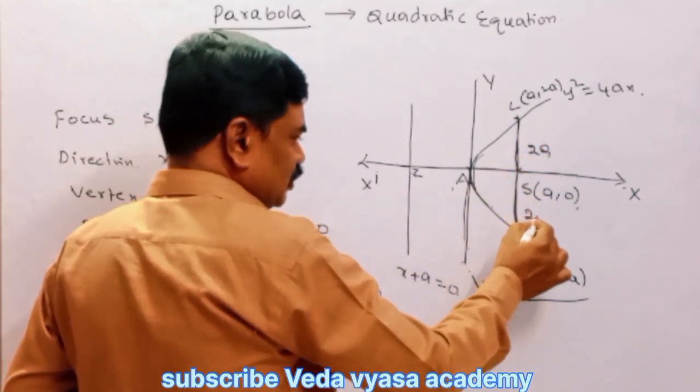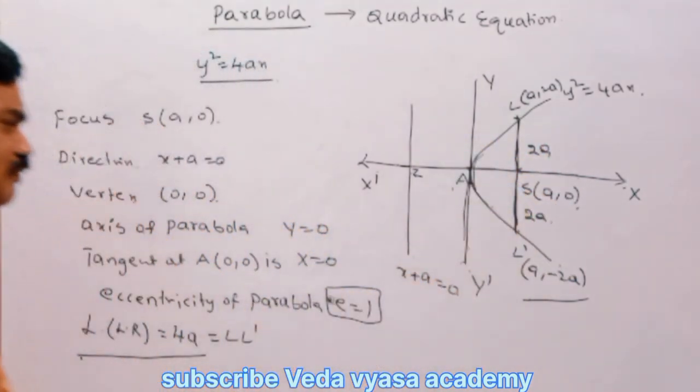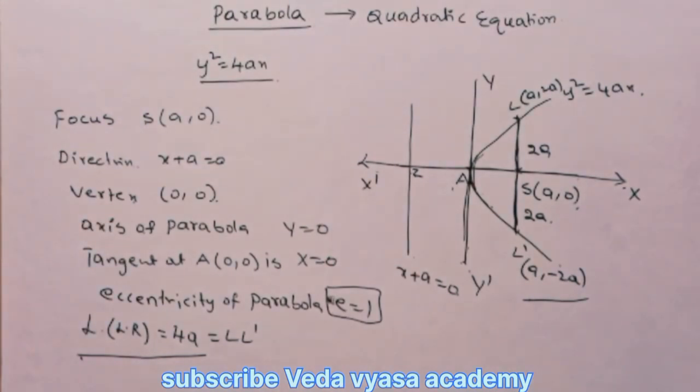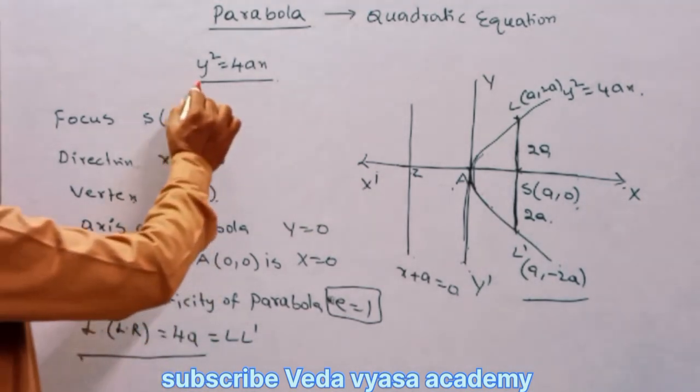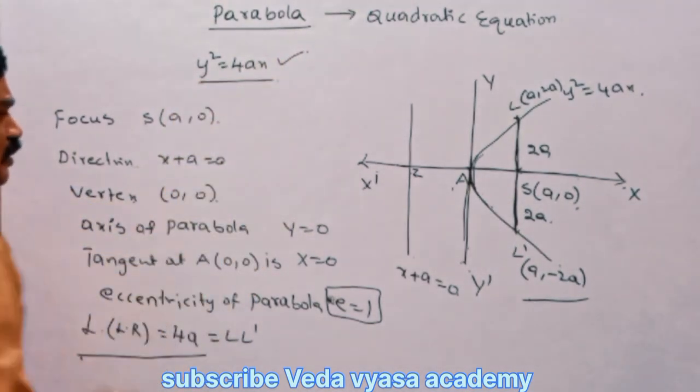So the length of the latus rectum is 4a, equal to LL dash. These are the main points in the standard form of the parabola y square is equal to 4ax.